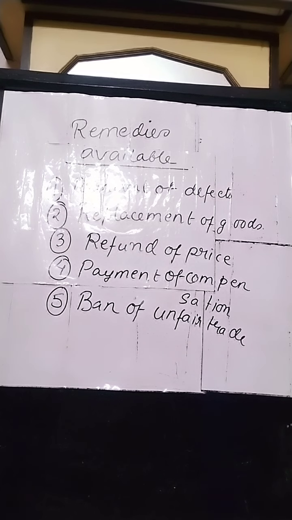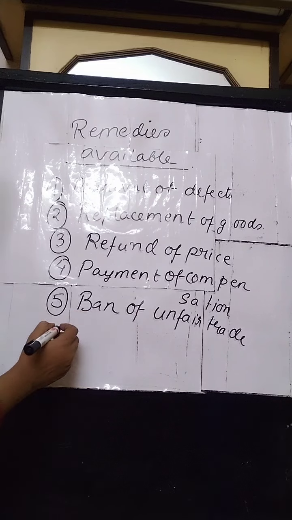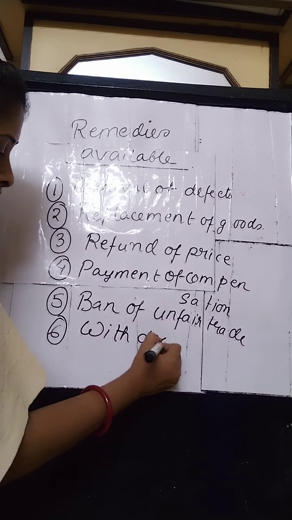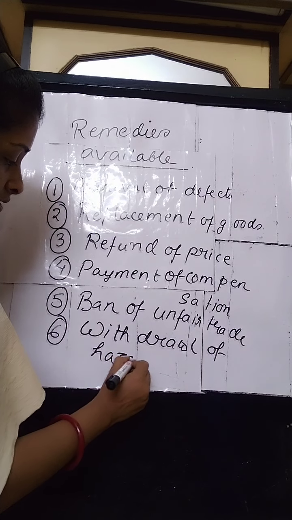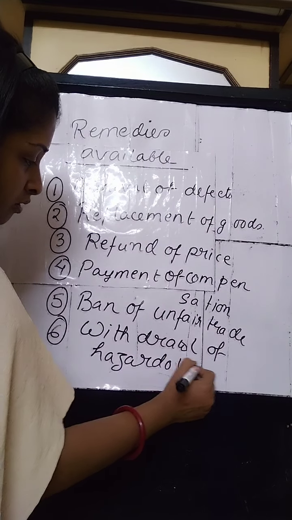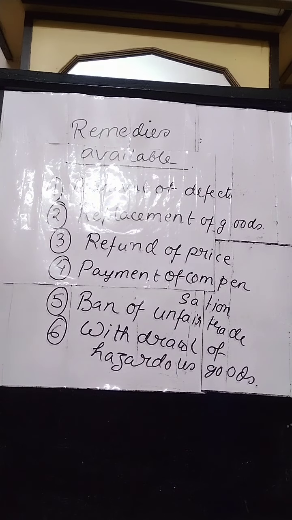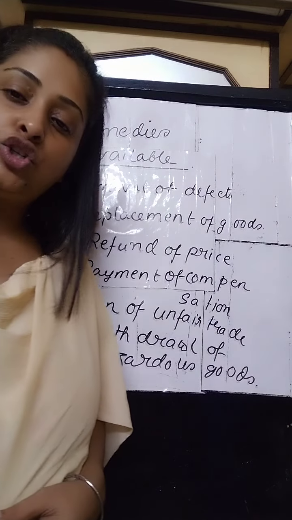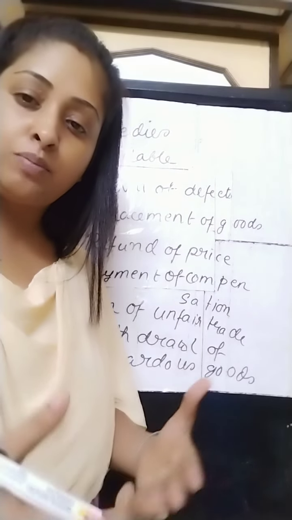Then, number 6, withdrawal of hazardous goods. Ban of unfair trade is quite similar to this sixth point. If any goods are causing any health hazard, then considering the adverse effect on the consumer, the production should be stopped and that product should be withdrawn from the market.